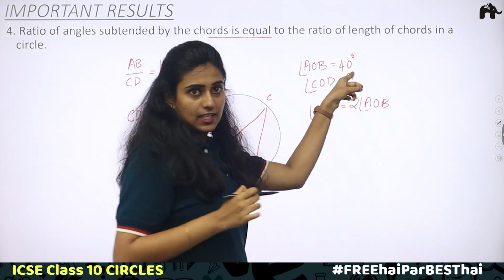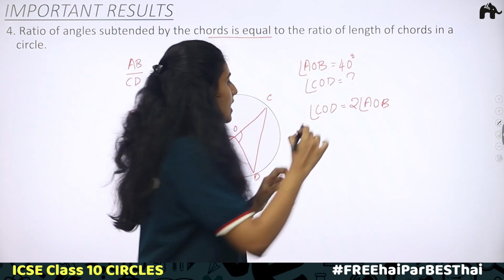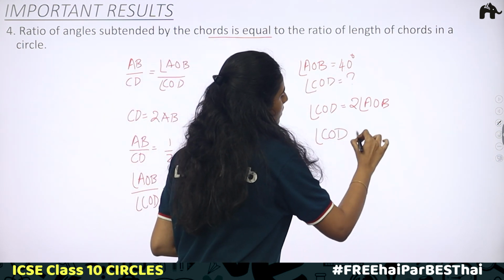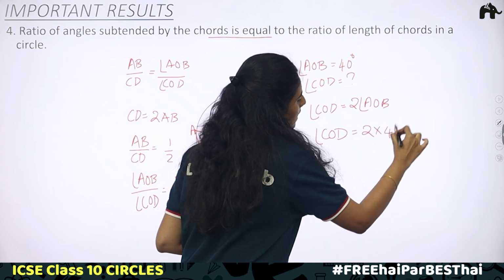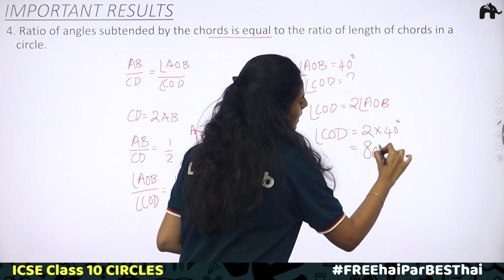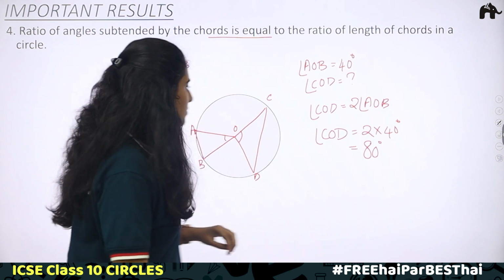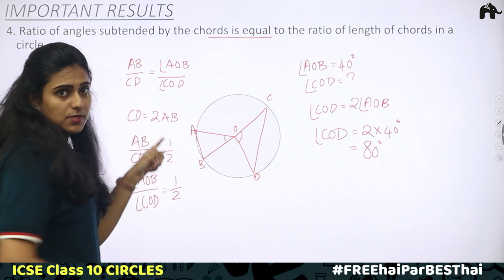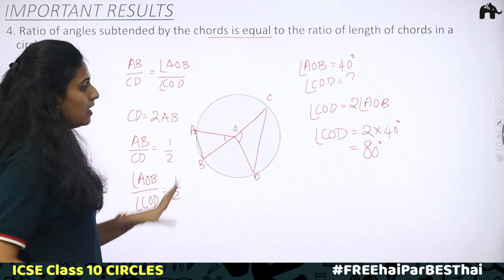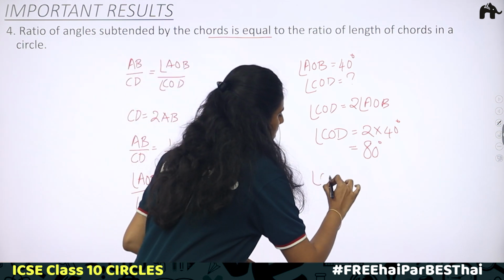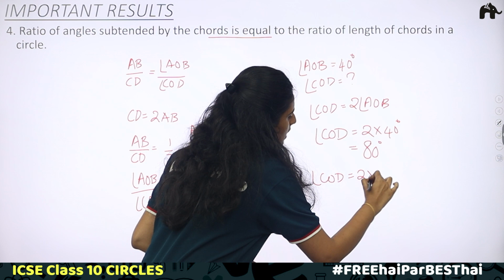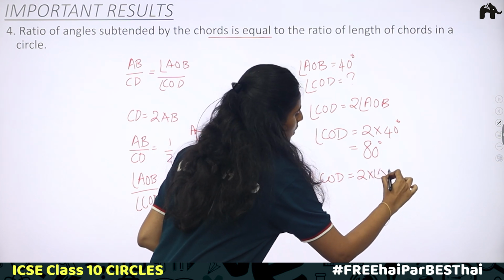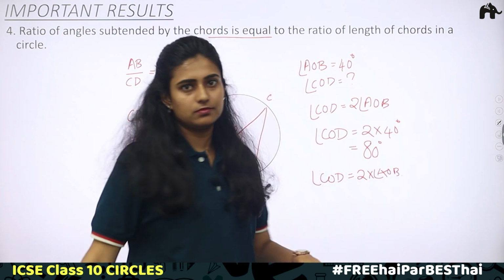AOB is 40 degrees, I am taking AOB as 40 degrees. Then angle COD will be equal to 2 times 40 degrees, and that is equal to 80 degrees. Okay. So for the length of sides, the measure we have taken, CD is 2 times AB. If CD is 2 times AB, then angle COD is also 2 times angle AOB. So this is the result.